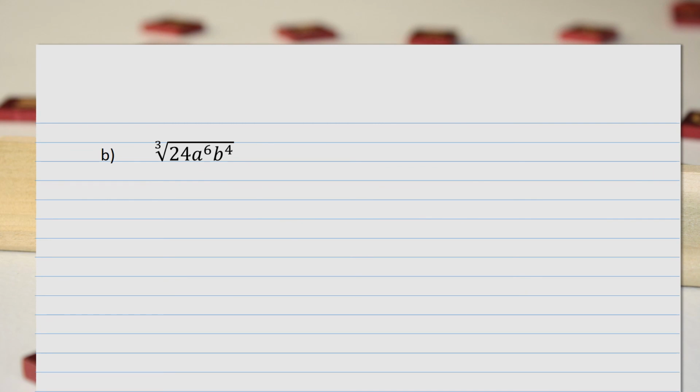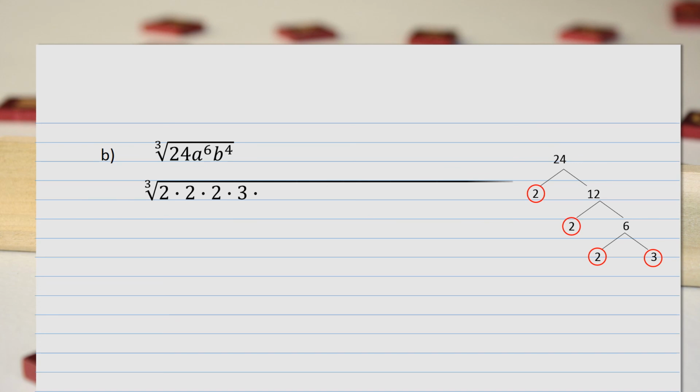For b, we have the cube root of 24, a to the 6th, b to the 4th. So again, go ahead and take the time to do the factor tree for 24. For 24, you should have come up with these factors. Now that you have these factors, write them under the radical.